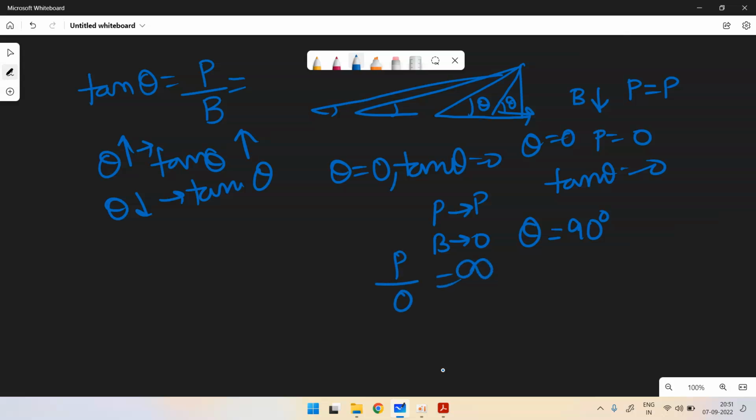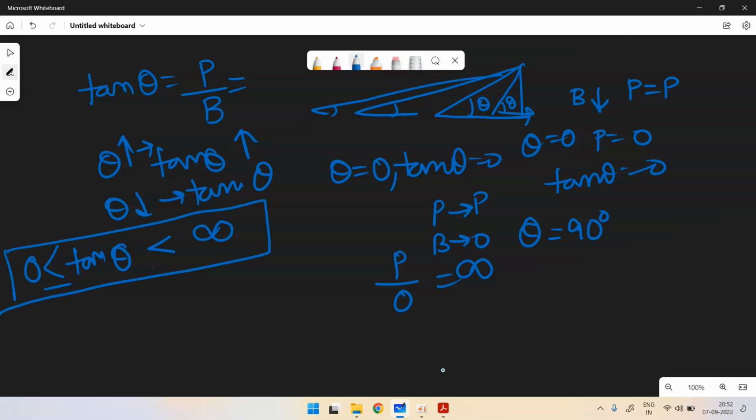So tan theta values go from 0 to infinity. I'm not putting an equal sign because infinity is not reachable. So 0 to infinity as theta is increasing, where this value is for 90 degrees and this value is for 0 degrees.